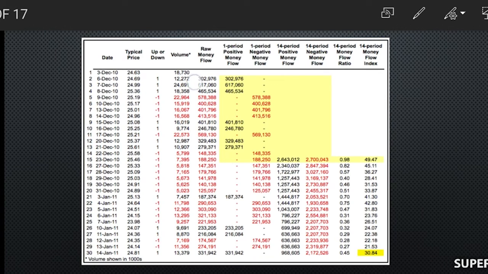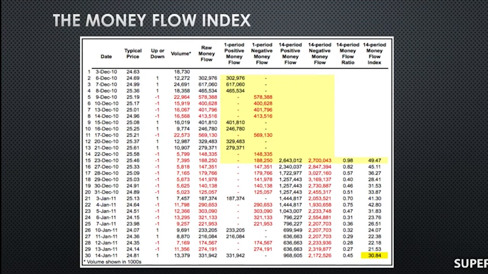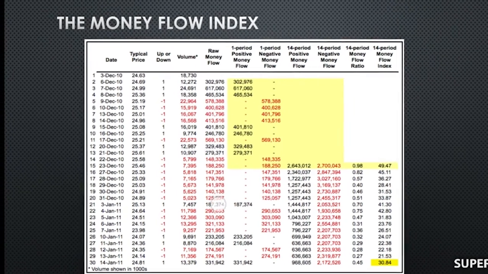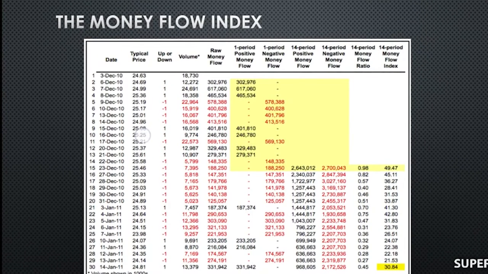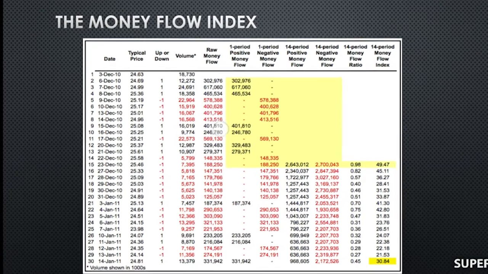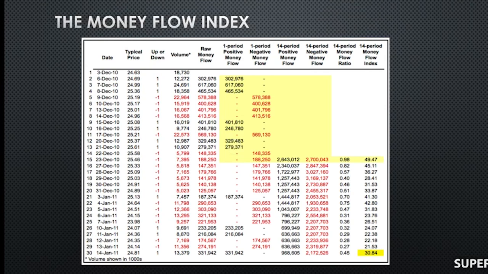And we are multiplying the volume with the corresponding prices, then we get money flows. By adding these positive money flows, we get the 14 days positive money flow, and by adding these negative money flows, we get the 14 days negative money flow.